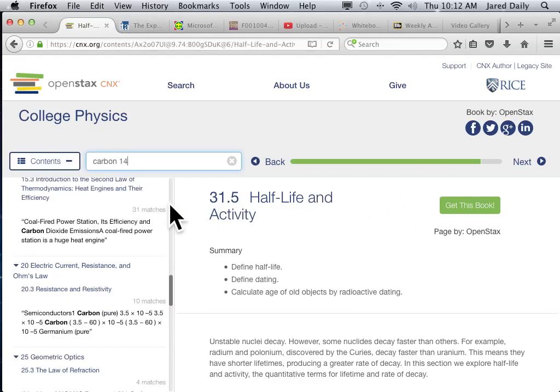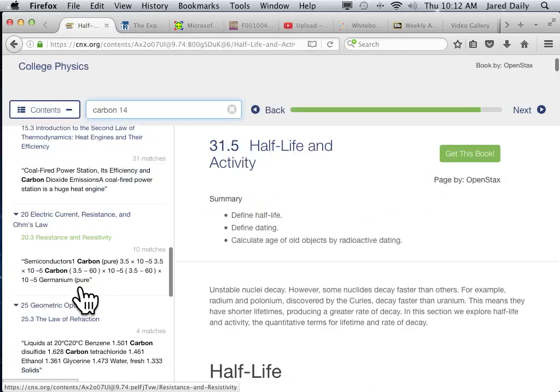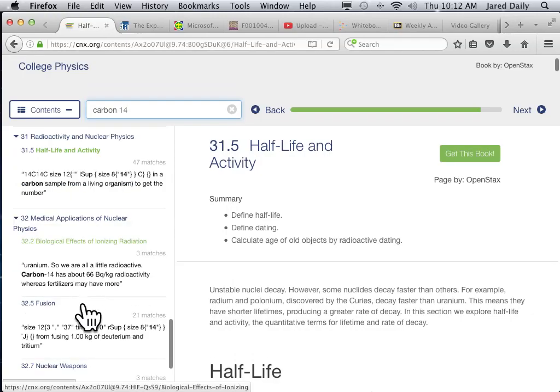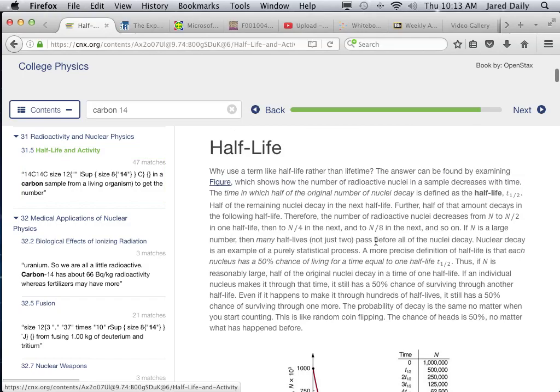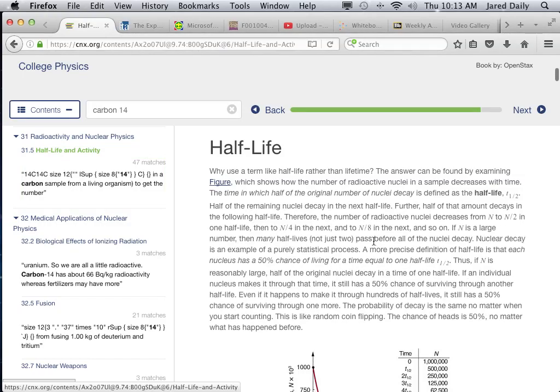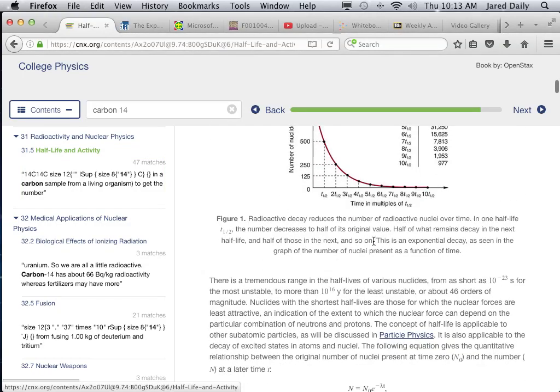In the book first, carbon-14 half-life and activity, which is where we're at. Does it show up anywhere else?